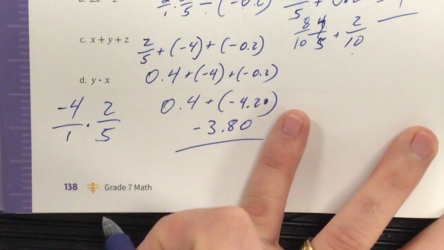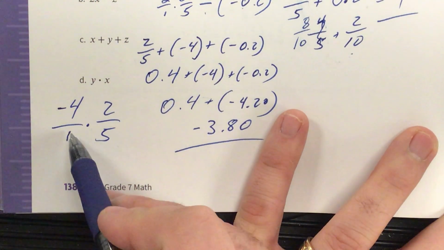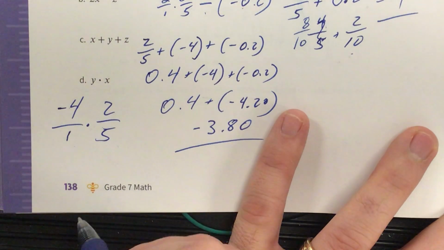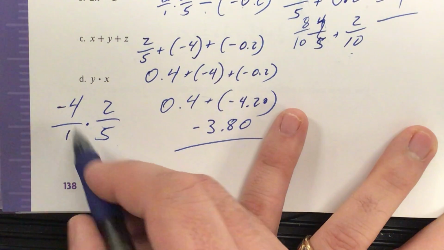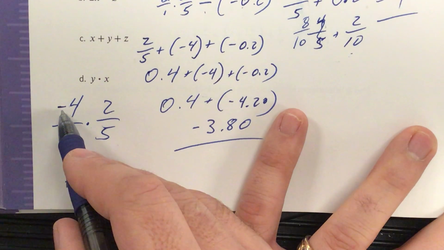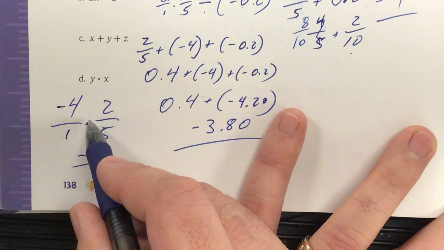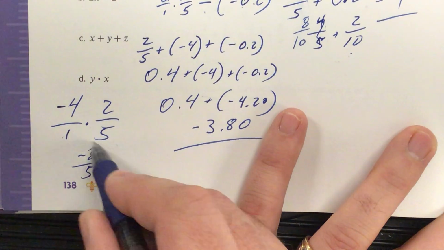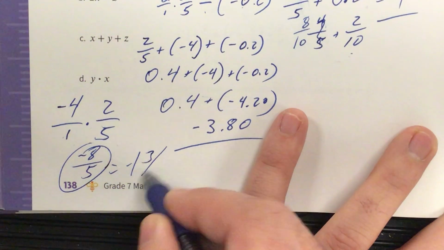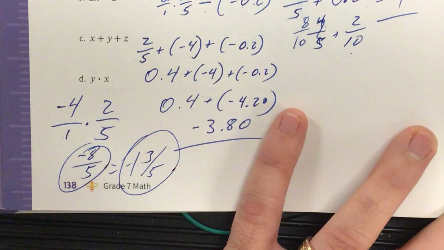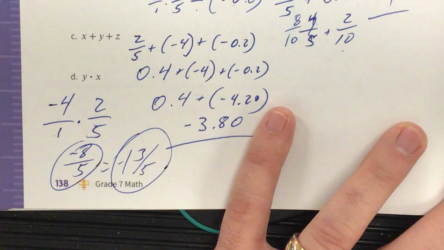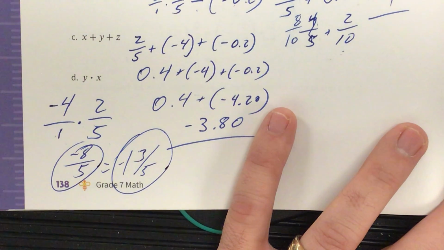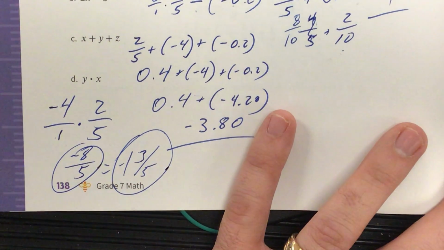Bottom times bottom. -4 times 2? 5 times 1. You can leave it as that, or you could write -1 3/5, I guess, -1.6, however you want to write it. Has to be negative. Following those rules.